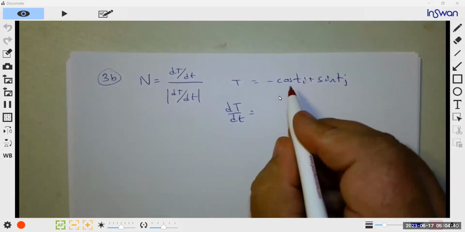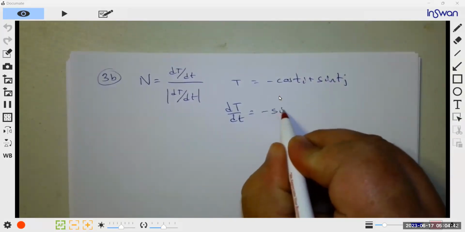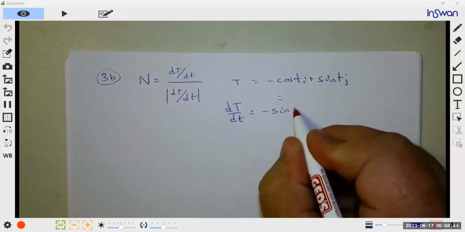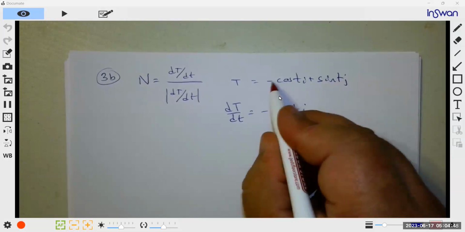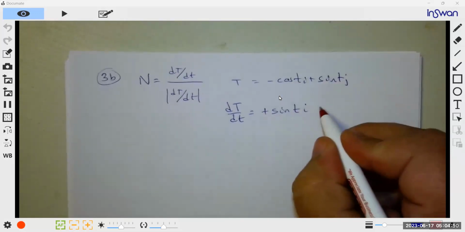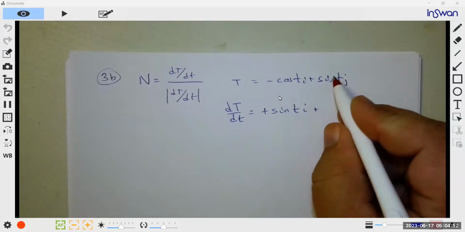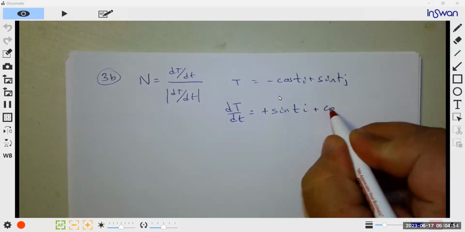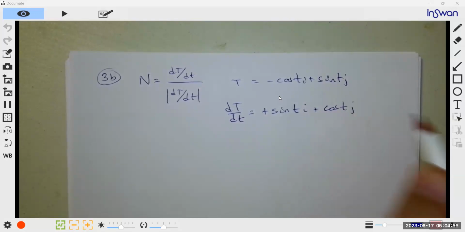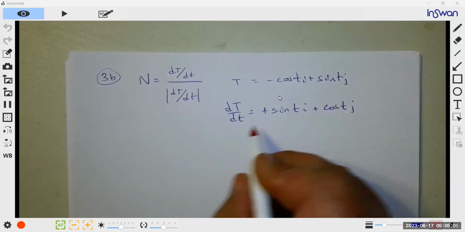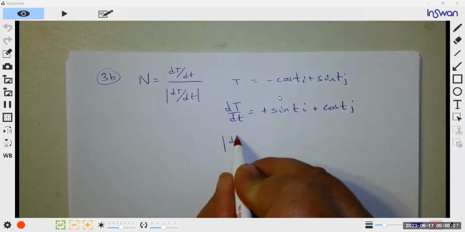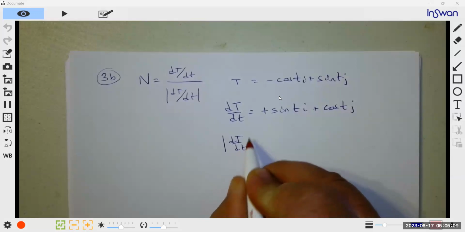Derivative of negative cosine is negative sine. So it's negative of negative makes it a positive. Derivative of sine is cosine, j. So it's over dt.